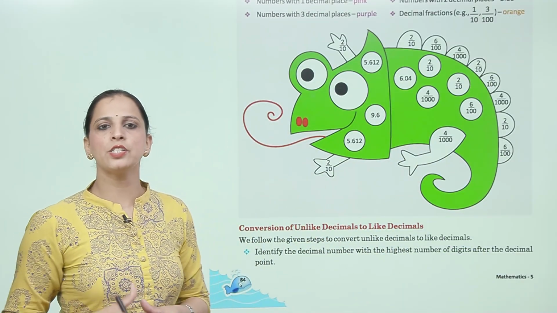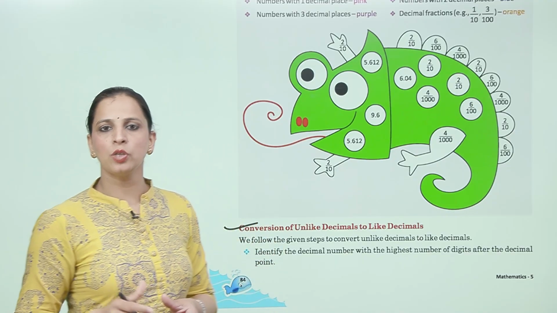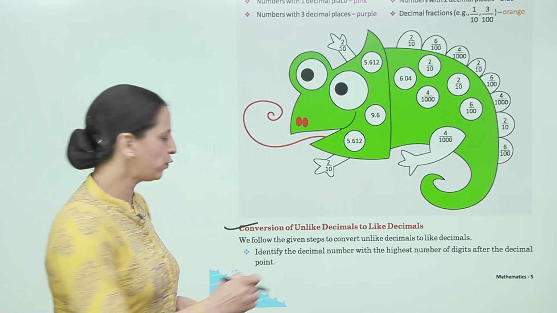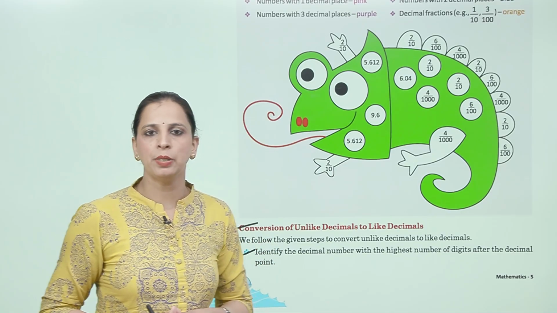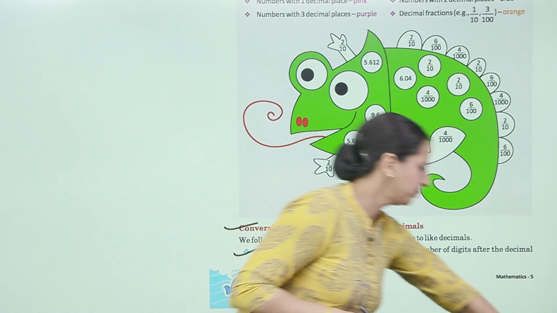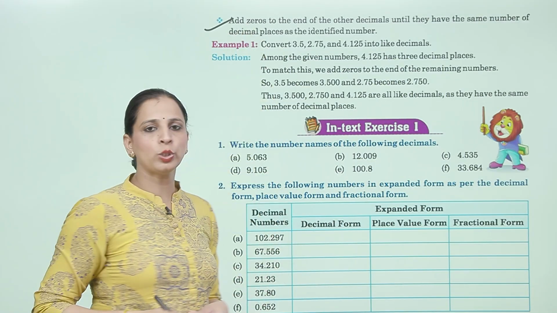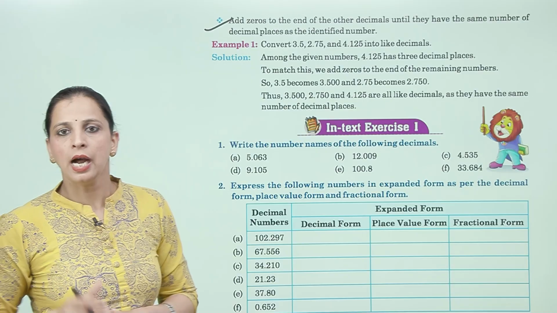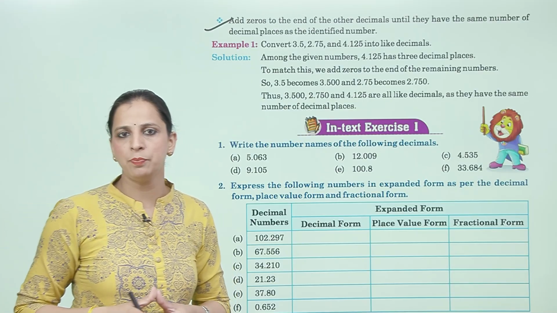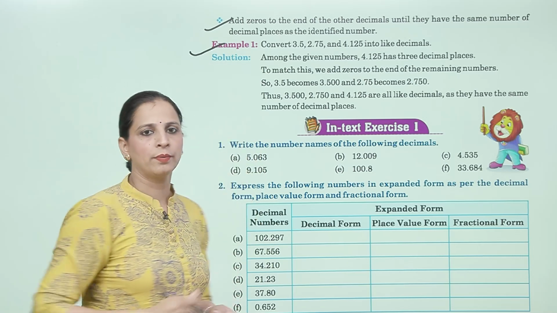Now next is conversion of unlike decimals to like decimals. We follow the given steps to convert unlike decimals to like decimals. First, identify the decimal number with the highest number of digits after the decimal point. Now add zeros to the end of the other decimals until they have the same number of decimal places as the identified number. Now example 1.